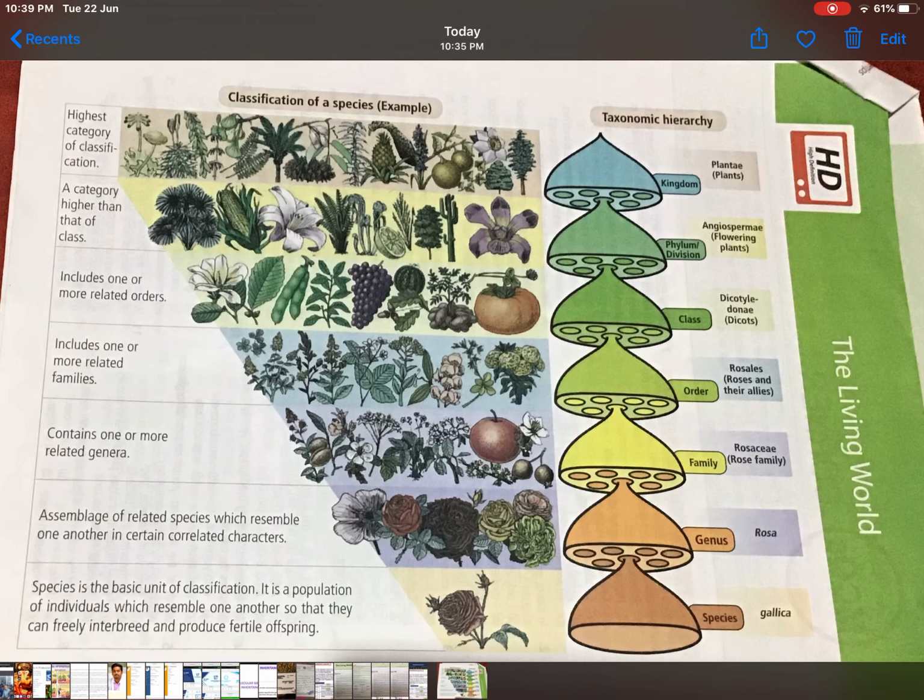After writing Homo sapiens and underlining it, we can also write the name of the scientist who coined that name, like Homo sapiens within brackets, Carl Linnaeus. And further, putting a comma, we can write the year in which he gave that name. This is how we have to write the scientific name.